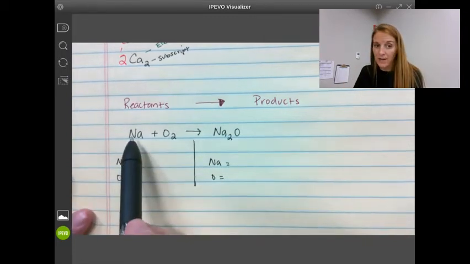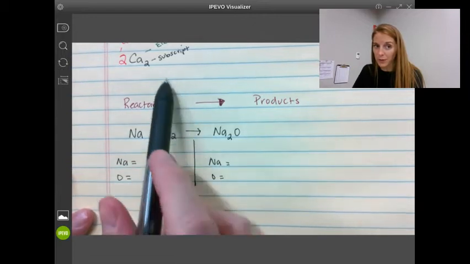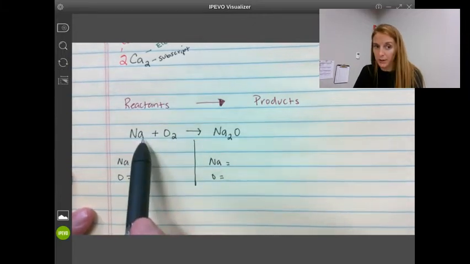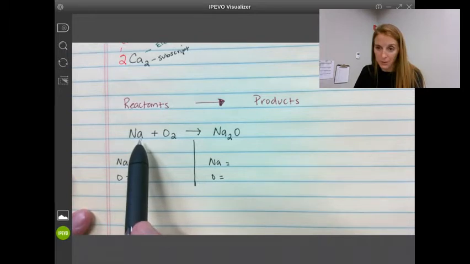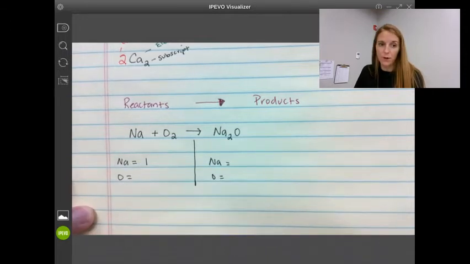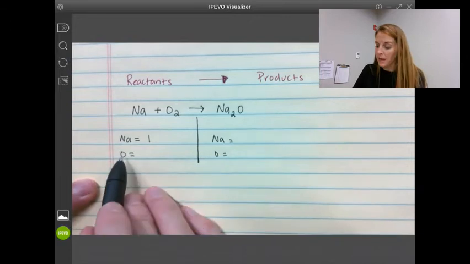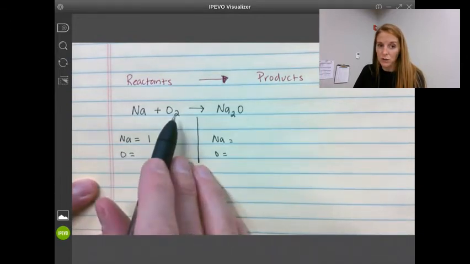All right, so if I have Na here, I don't have any little number. So remember, that's the subscript. I don't have a number here. So anytime there's not a small number, that means it is 1. So I would have 1 of the sodium on the left. And then I have oxygen here. And I have my little 2.